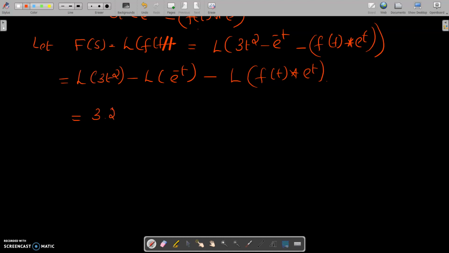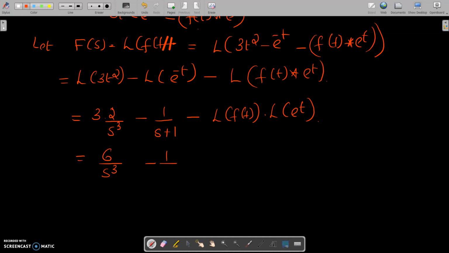Right, then Laplace transform of 3t square is equal to 3 into Laplace transform of t square. അതെന്ത് വരും? 2 divided by s cube minus Laplace transform of e raised to minus t is equal to 1 by s minus minus 1. That is 1 by s plus 1 minus Laplace transform of this one is equal to Laplace transform of f of t into Laplace transform of e raised to t, which implies 6 divided by s cube minus 1 by s plus 1 minus Laplace transform of f of t എന്താണ്?